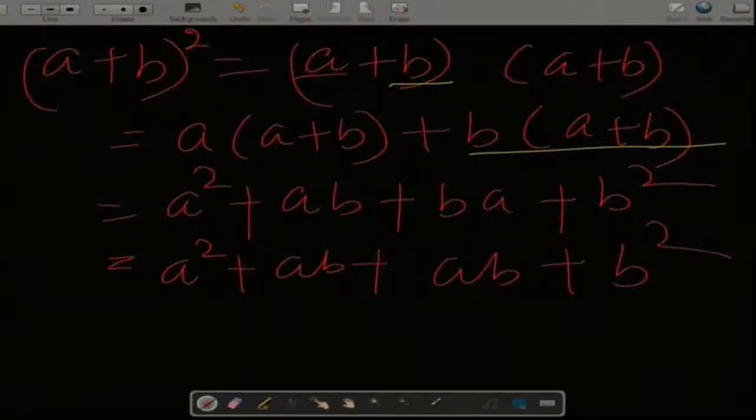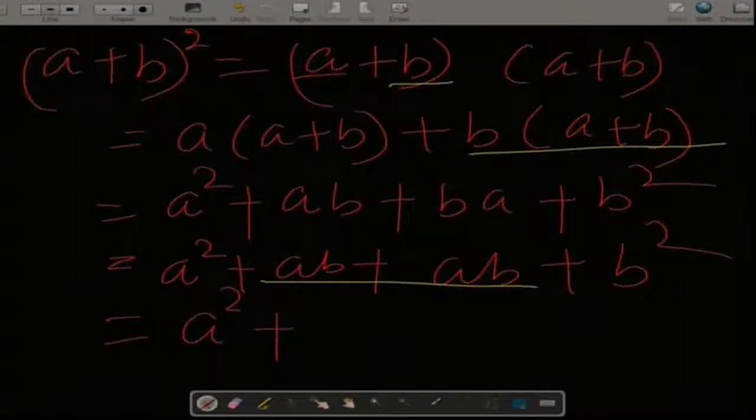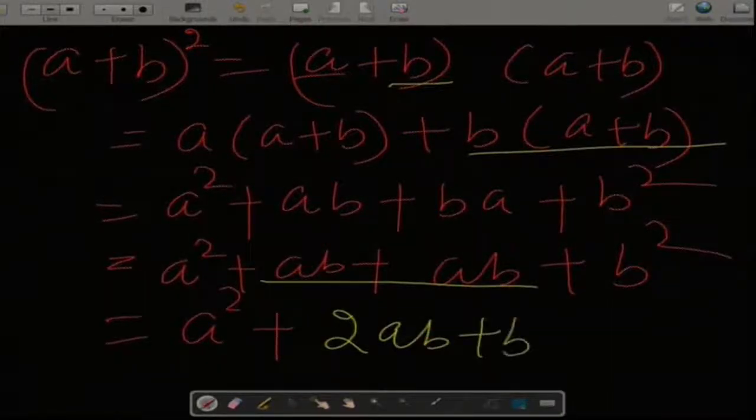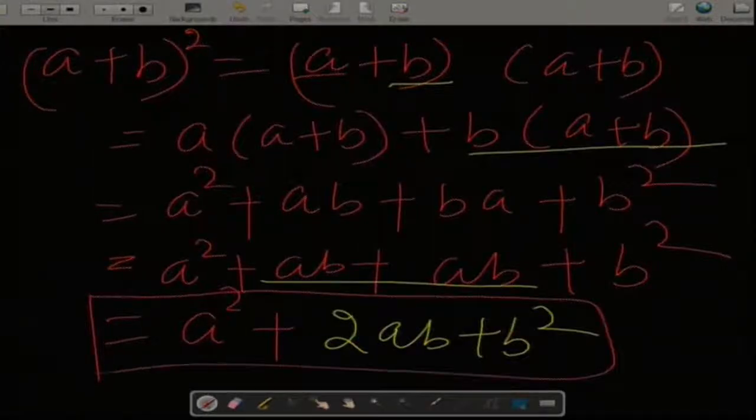Adding ab plus ab gives 2ab. So we write a square plus 2ab plus b square. Dear learners, a plus b whole square is equal to a square plus 2ab plus b square. This is the formula we have.